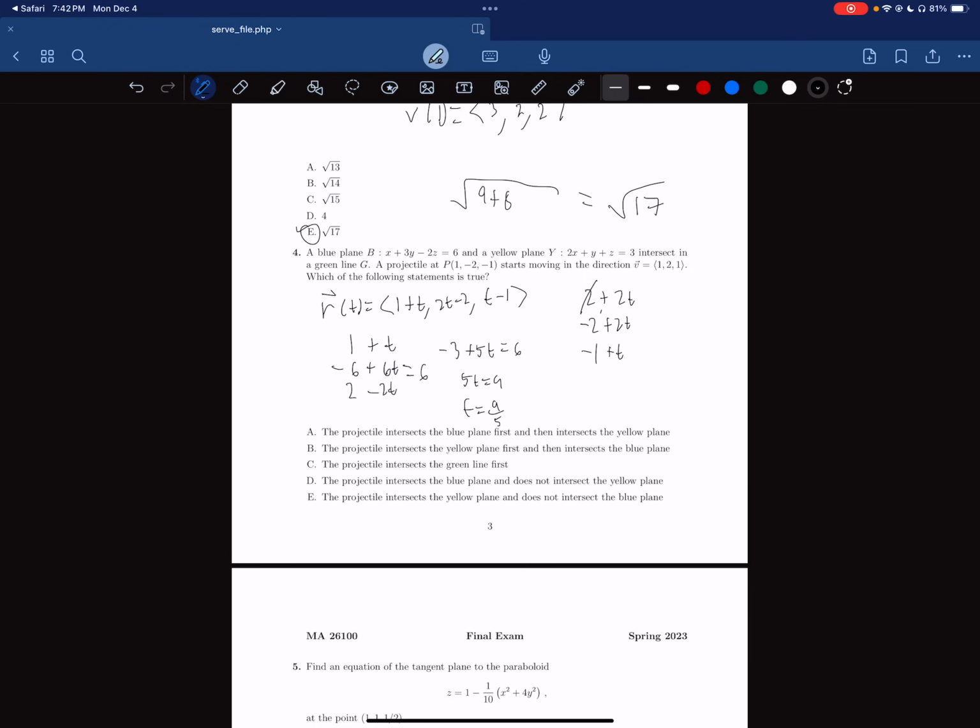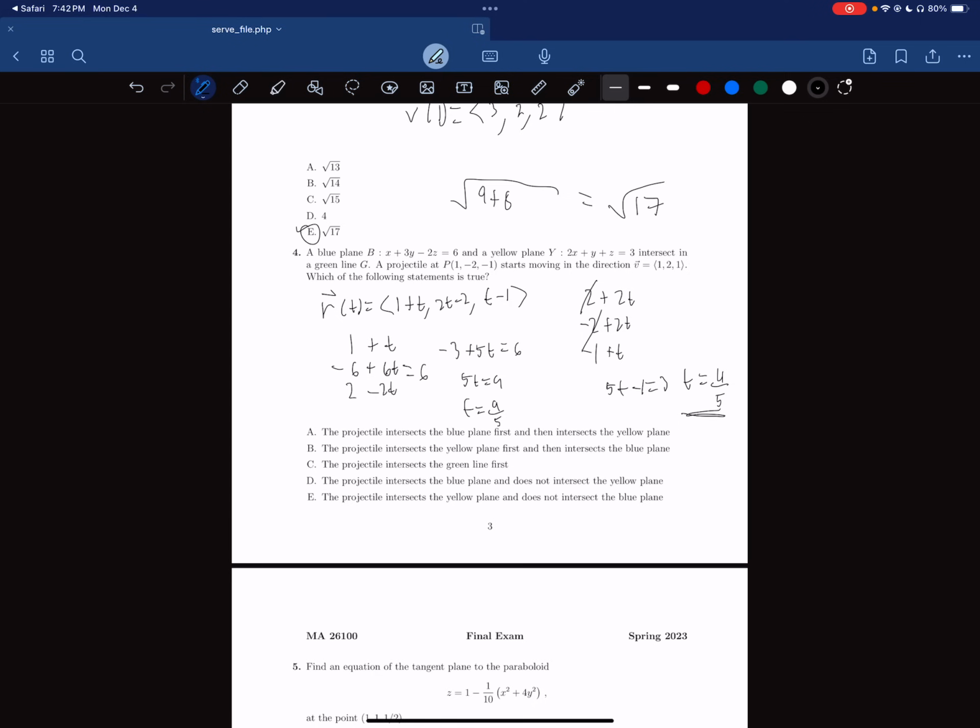Okay, very nice. These are going to cancel. We end up with 2 plus 2 is 4, plus 1 is 5. So 5t minus 1 equals 3. Therefore, t equals 4 over 5. Pretty simple, a linear equation. So this t is smaller. That means it's going to intersect the yellow plane first.